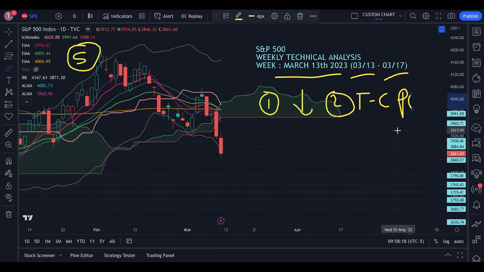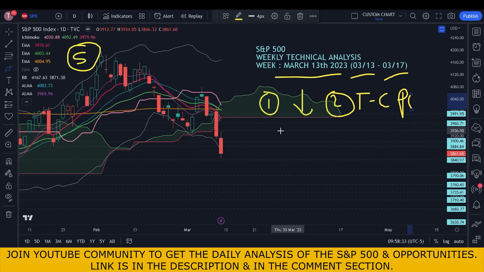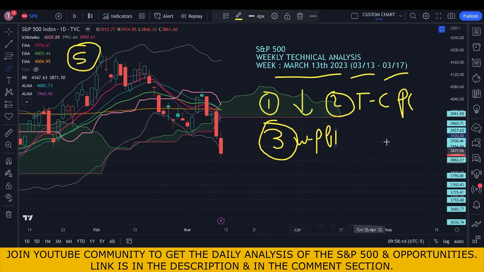In the third point of the agenda, I have shown you that technicals are supporting a good bullish reversal, or a hold. And the third point you must consider is the PPI data, the producer price index data, that will be published on Wednesday. So these three are important things here.